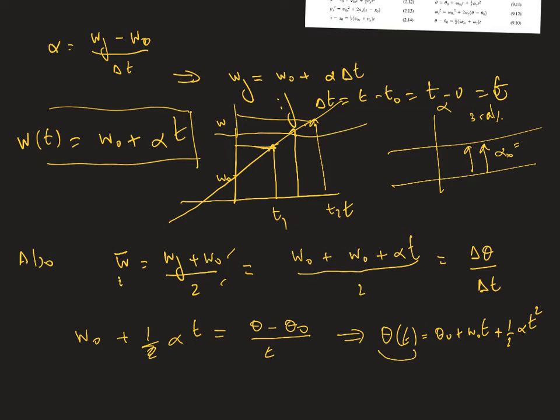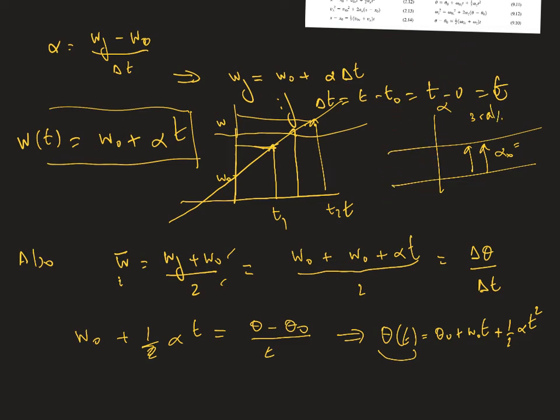So 2 times omega 0 divided by 2 will be only omega 0, and here it will be 1/2 alpha t. So this will be theta minus theta 0 divided by t. So you have this equation of theta of t, very similar to the other equation that we have found.